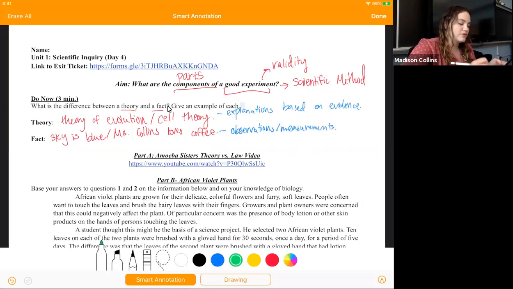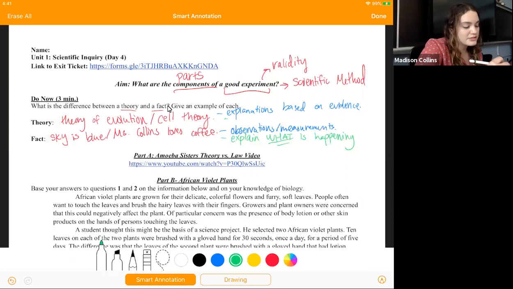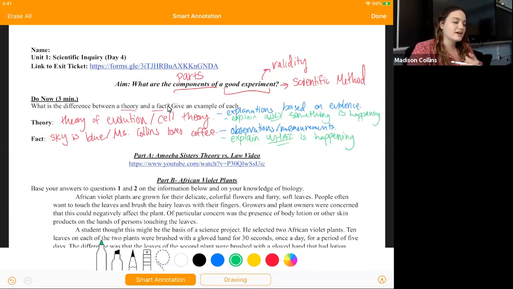To clarify that even further, facts explain what is happening, and theories explain why something's happening. So facts explain what is happening through observations and measurements. Theories, or really scientific theories, explain why something is happening. It's the explanation based on evidence.